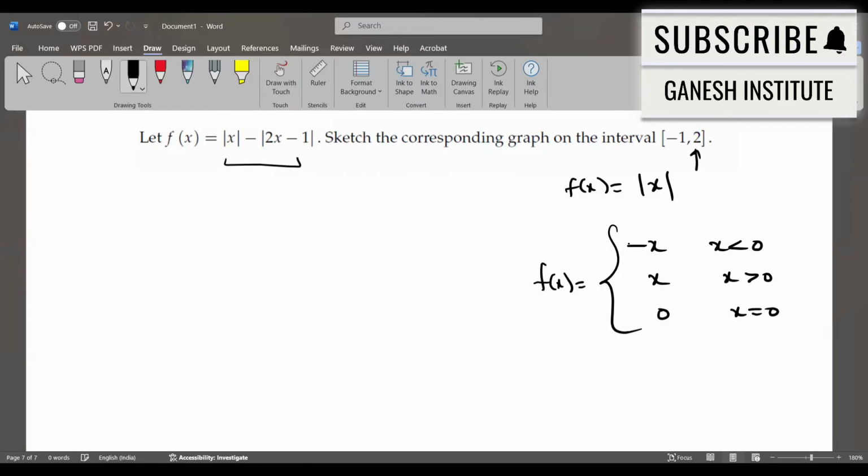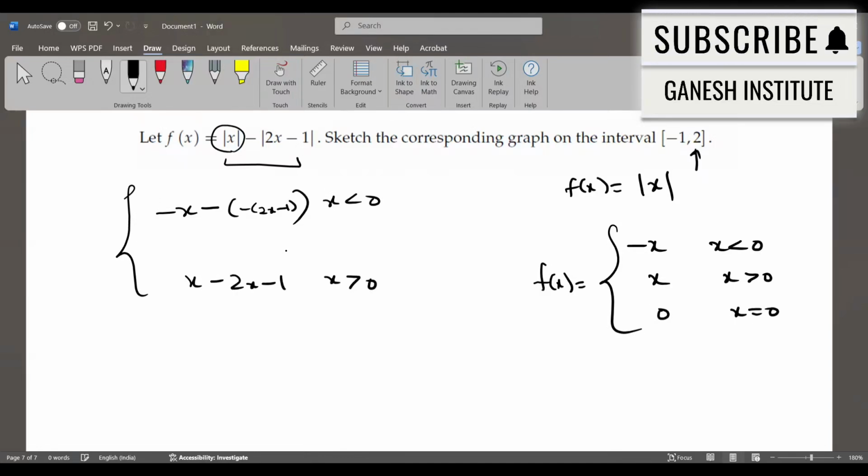Similarly, for this one, if x is less than 0, you will write this as minus x, this as minus 2x minus 1, right? Then if it is greater than 0, you will simply write plus. And if it is equal to 0, how much is it?